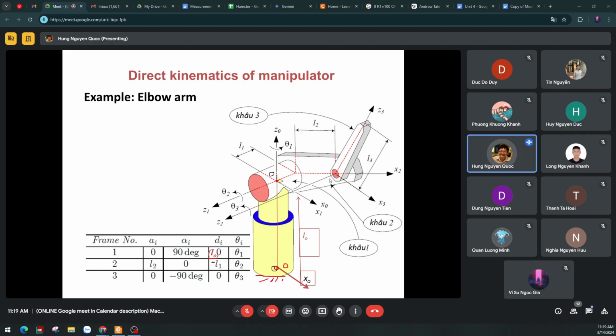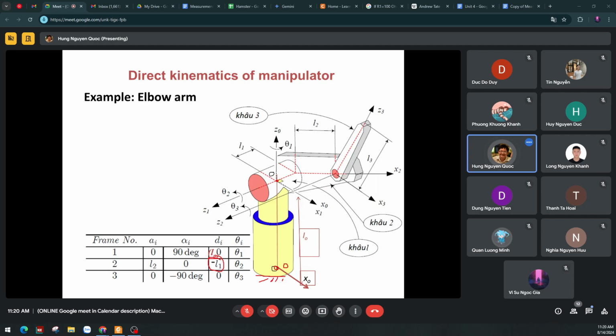You should remember this: why is it minus? Because look at here, we have this D2, the distance between O2 and O1.